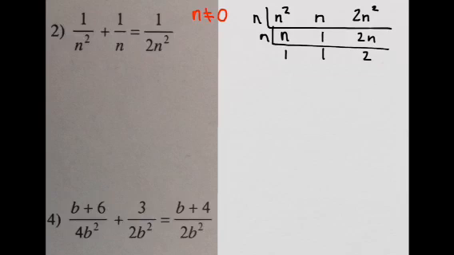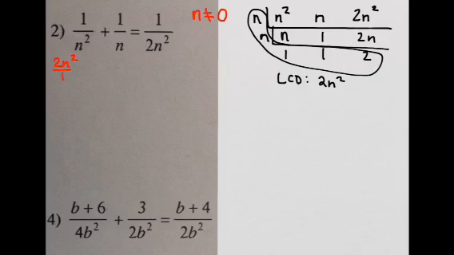So the LCD is going to be the product of these terms. So LCD for this problem is 2n squared. And that's what I'm going to multiply by over here on the side. So 2n squared, and again I'll put it over 1. And then 2n squared, and then 2n squared.